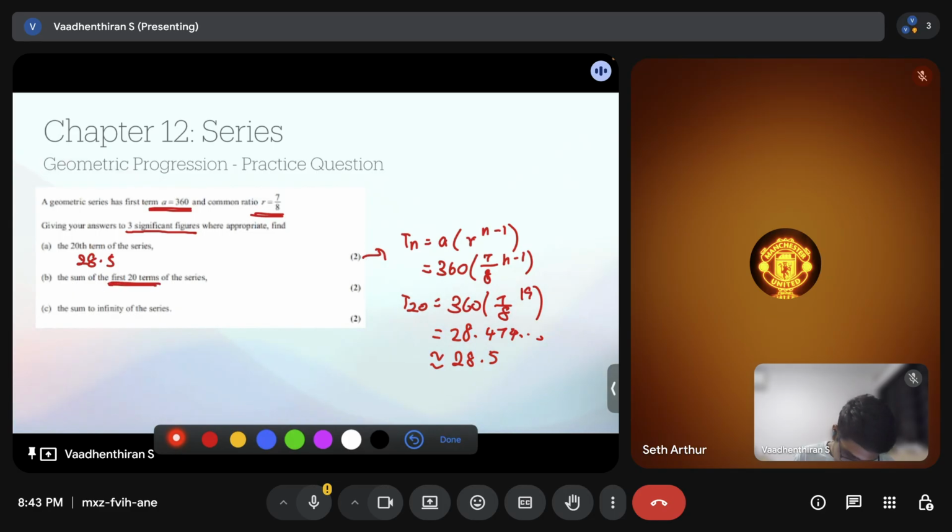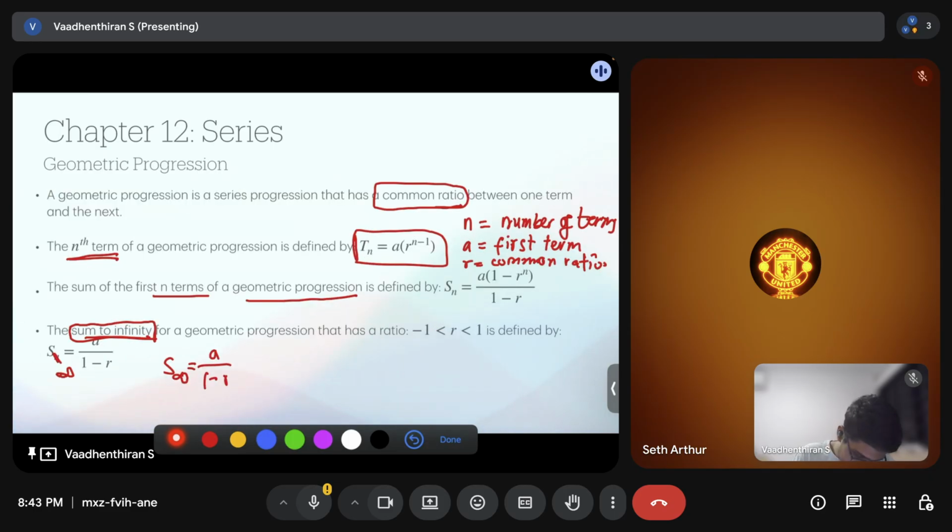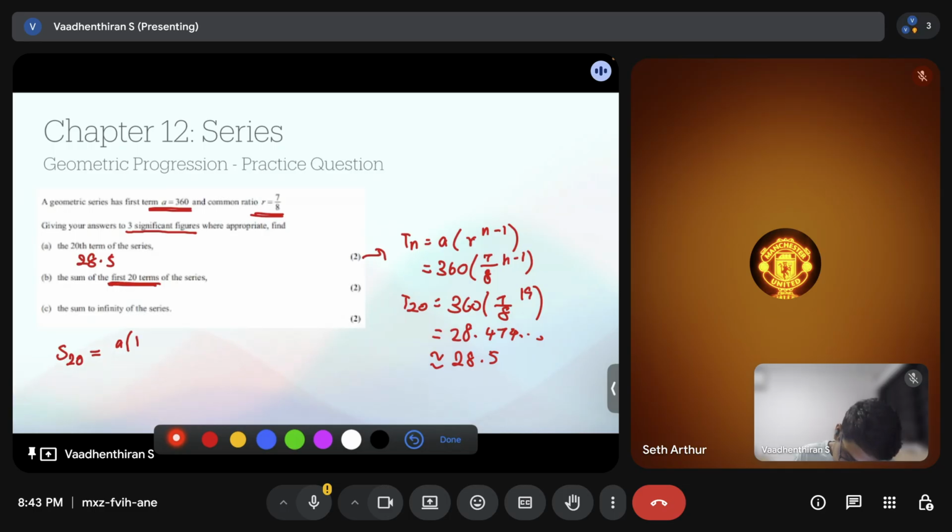The sum of the first 20 terms of the series: you can just use the sum formula, a times 1 minus r to the n over 1 minus r. It's good practice to write the formula, then substitute the values, because sometimes if you miss any values you will get it wrong.